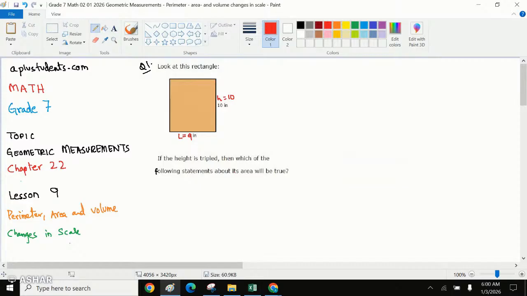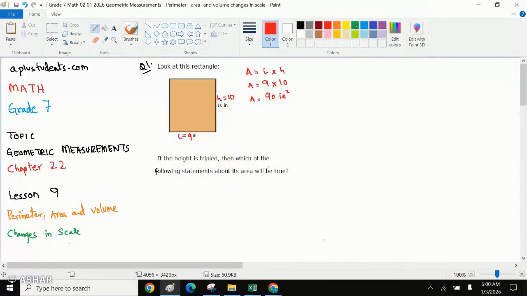So can we say that we can find the area for this rectangle, right? The area should come out to be length times height. That means the original area, the length was 9 times 10, should come out to be 90 inches squared, right?